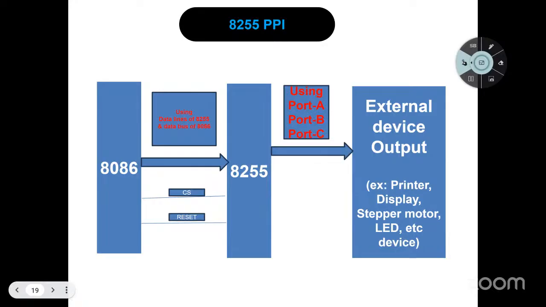Data transfer between the 8255 and 8086 can happen using the data lines, and this can be controlled by chip select, reset, read bar, write bar, and A0, A1 like that.